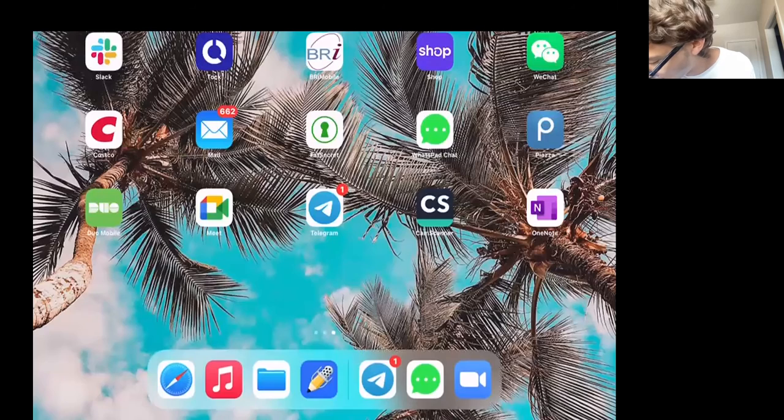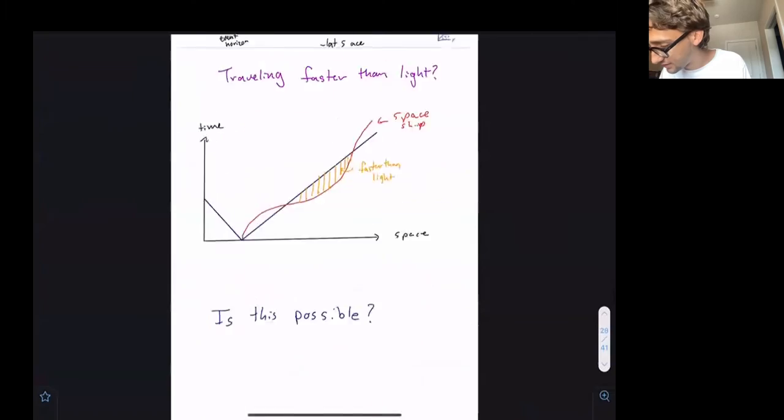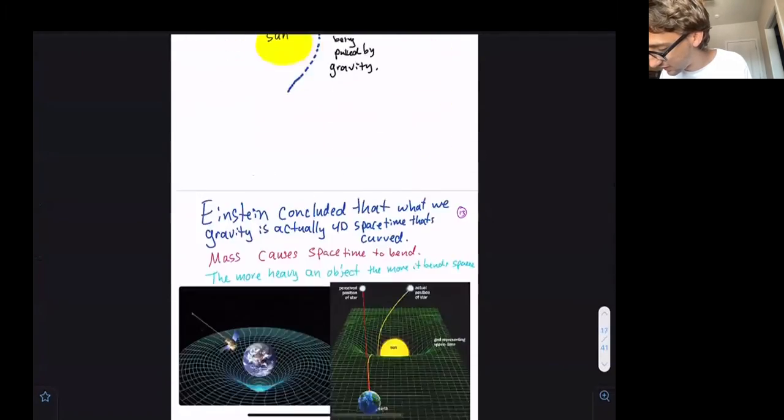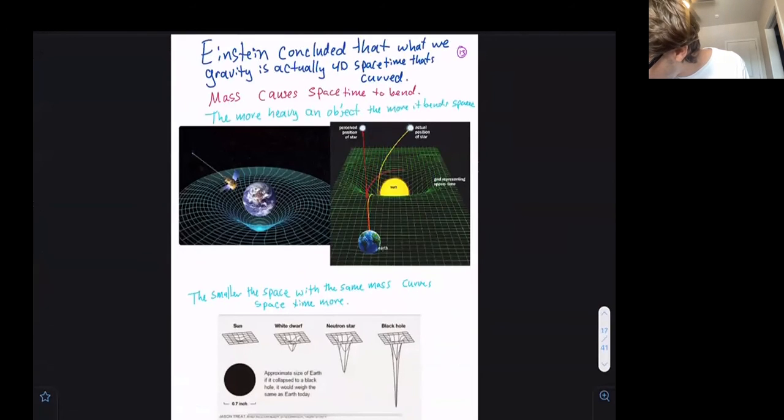So a straight line would be just going around the sun. It would just be in an orbit. So it's pretty much just curving.